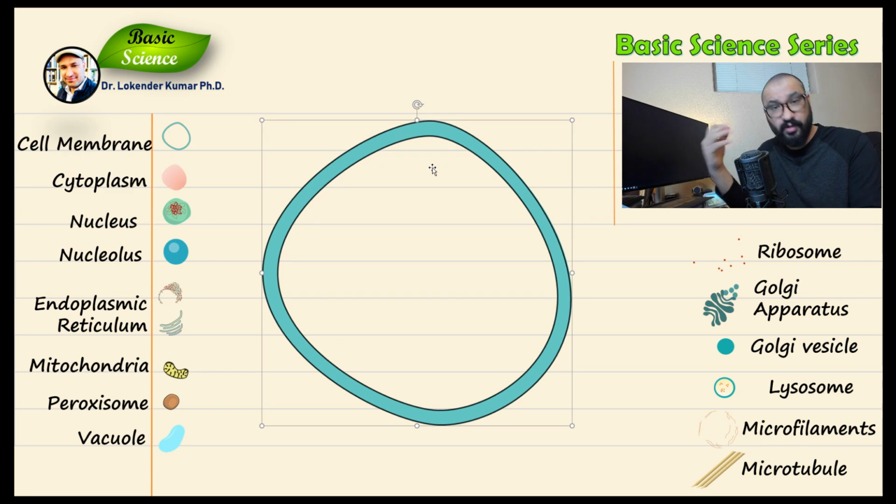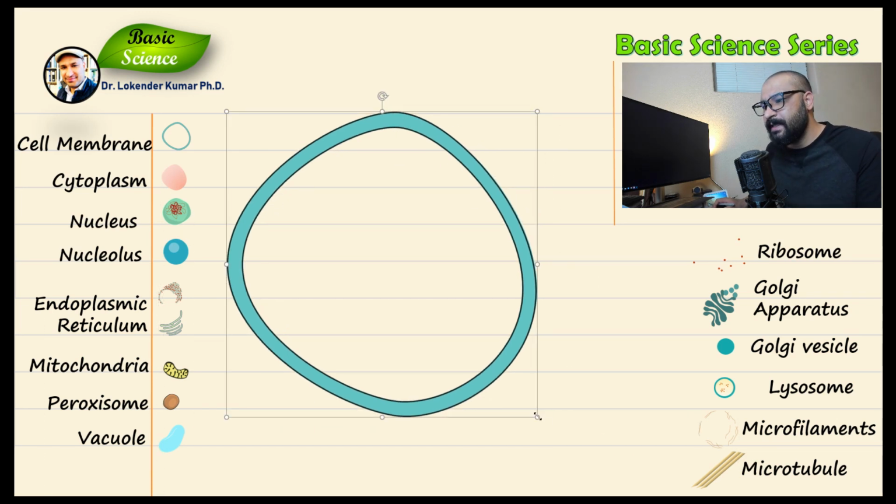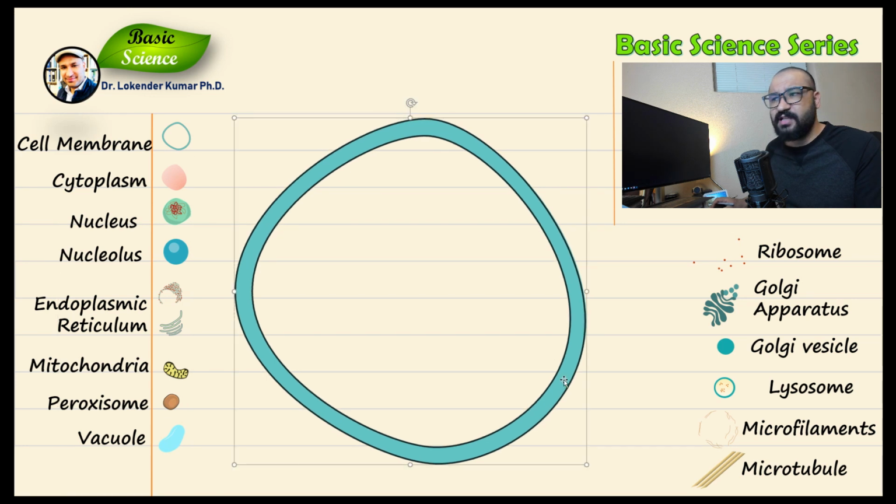But anyways, we are not going to go into the detailed structure of the plasma membrane, but you can see this is the plasma membrane, and it is really important for any cell, right?